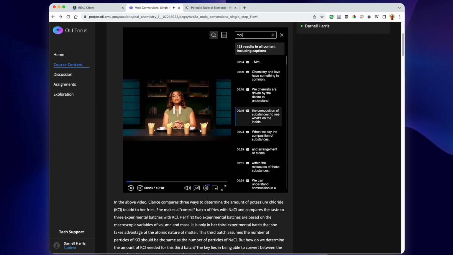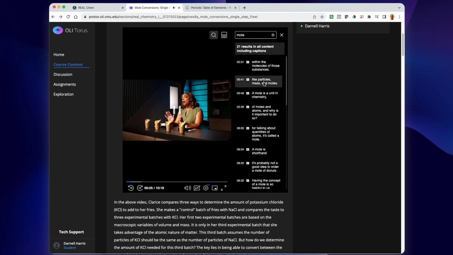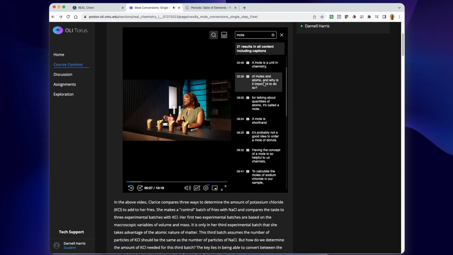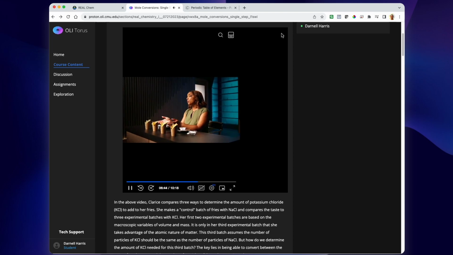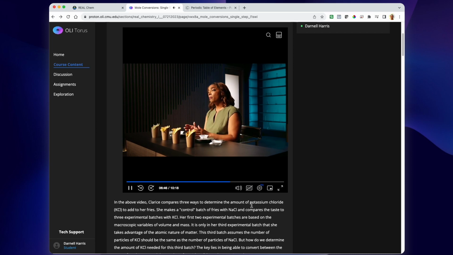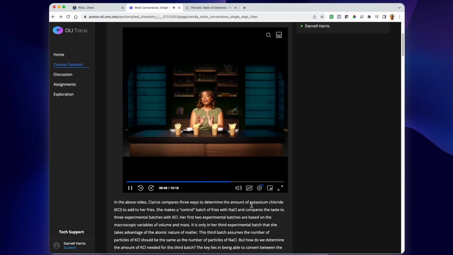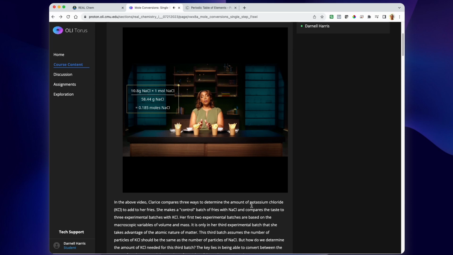On the inside. When we say the composition of substances, we're talking about the type, ratio, and arrangement. To calculate the moles of sodium chloride in our sample, we just need to divide by its molar mass. So we have 10.8 grams sodium chloride times 1 mole. It's great to see a live worked example.